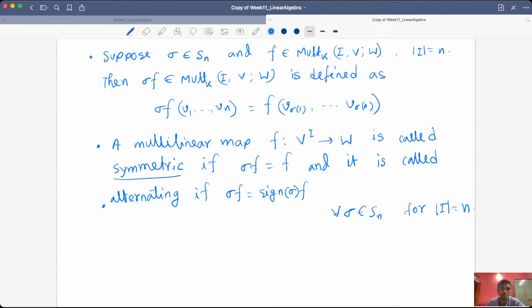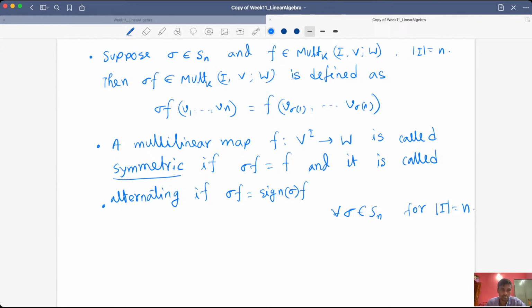The representation of any permutation as a product of transpositions is not unique, but its parity is unique. That means it is either an even number or an odd number of transpositions; you can't write it as both, otherwise sign of sigma would not be well defined.